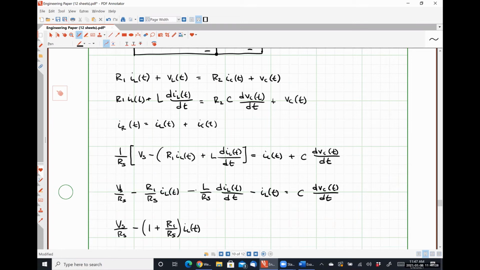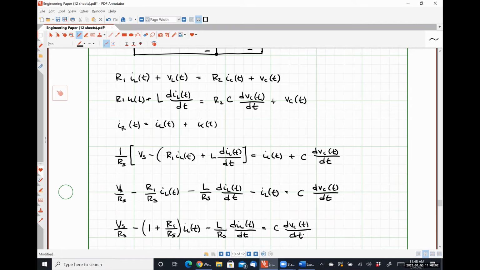So the bookkeeping is where things get real difficult here. All right. Minus L divided by RS times dIL by dt is equal to C times dVc by dt. We all in accord here?